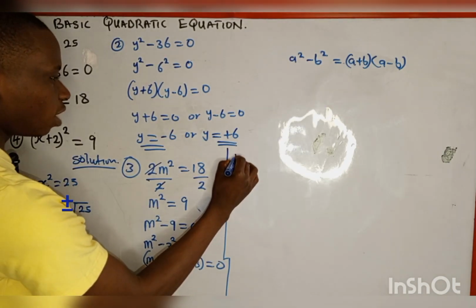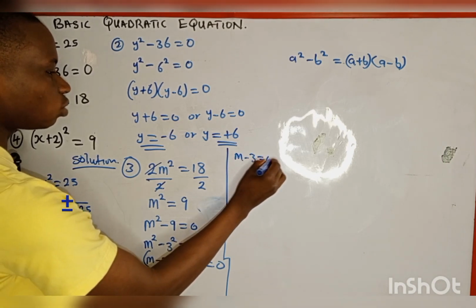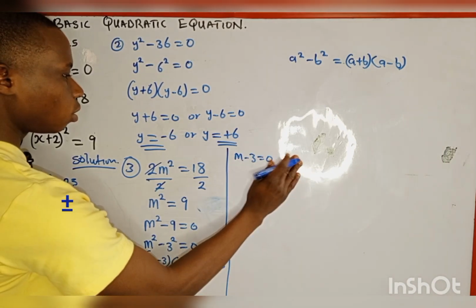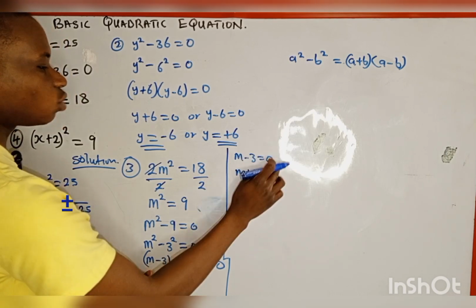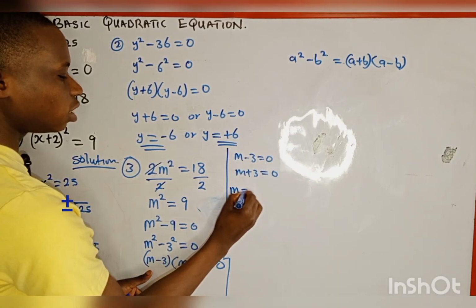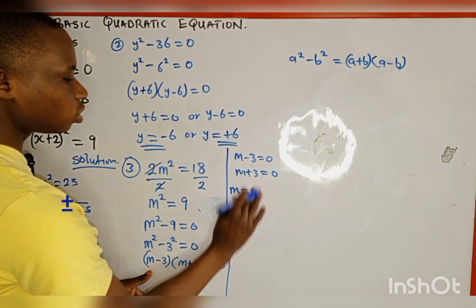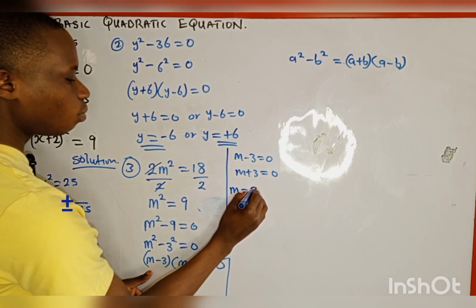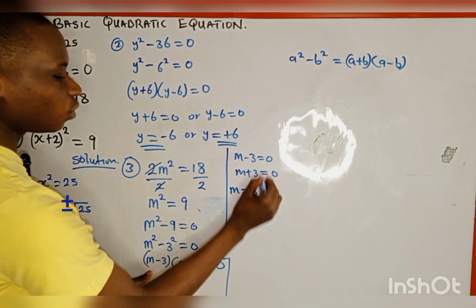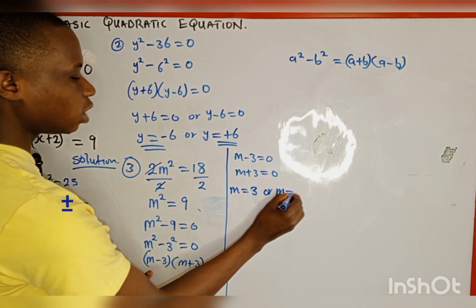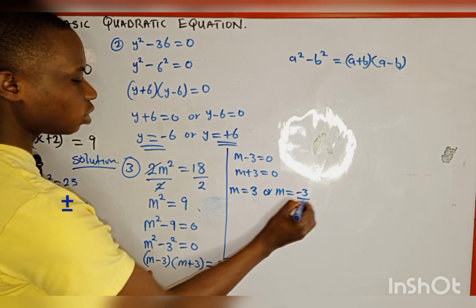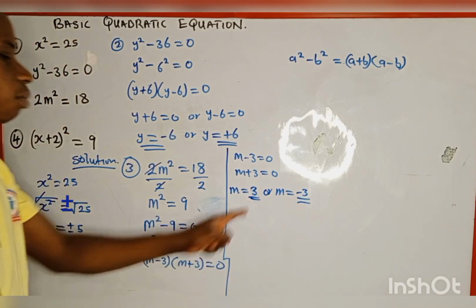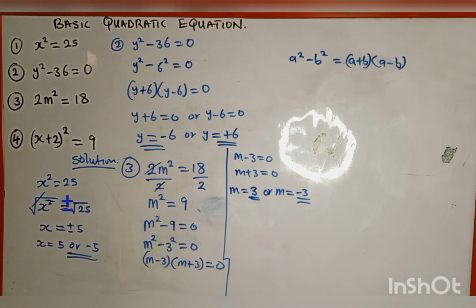So we have m minus 3 is equal to 0 or m plus 3 is equal to 0. If you take this one to the other side, m will be equal to positive 3, or m will be equal to negative 3. So these are the two values of m that satisfy this quadratic equation.